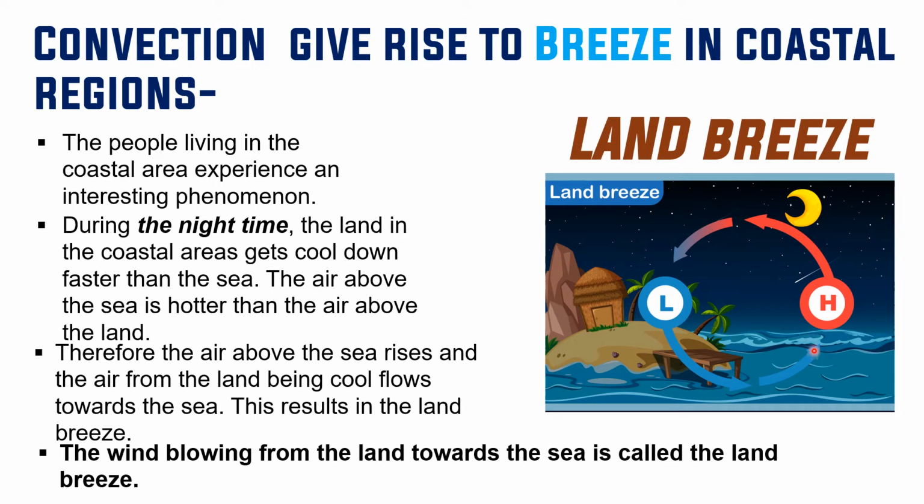The air above the sea is hotter than the air above the land. So which one is hotter? The air above the sea. This part is hotter than the land. Therefore, the air above the sea rises, and the cool air from the land flows towards the sea.